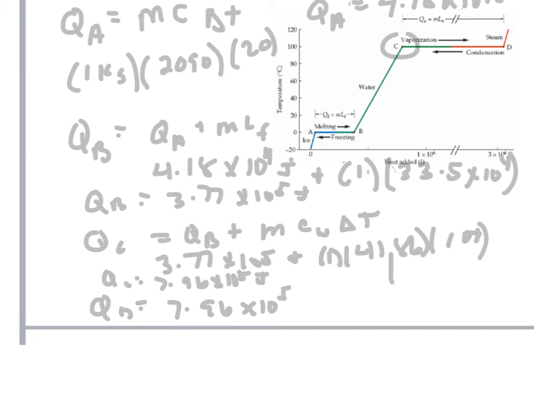That's the Q sub C that we just calculated, plus the latent heat of vaporization. The equation is Q, the amount of heat transferred, is M times L_V. And when we substitute everything in for that, we get equal to 3.06 times 10 to the 6 joules.